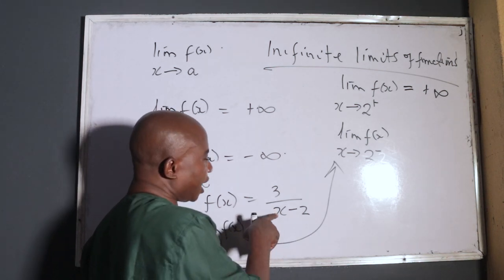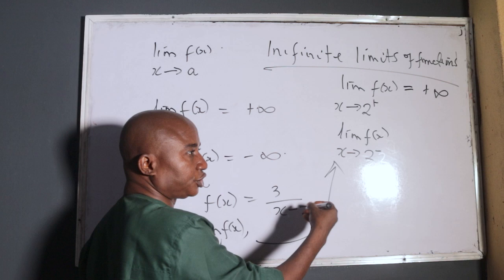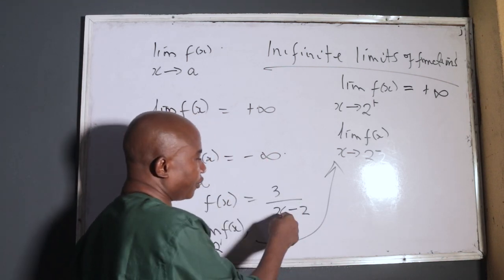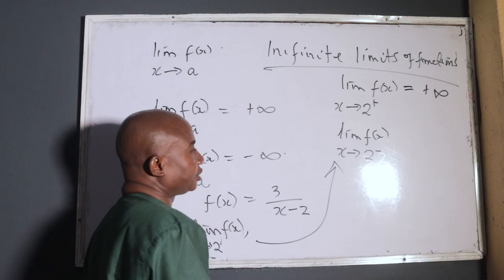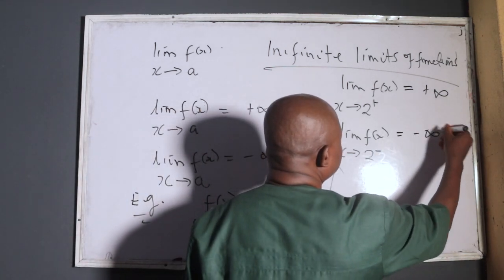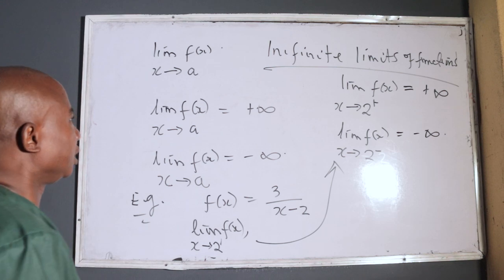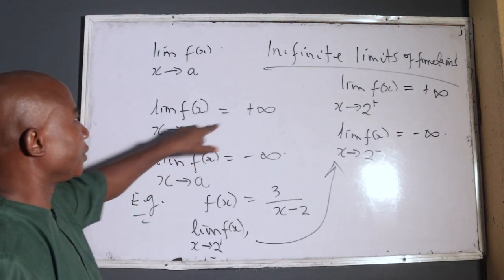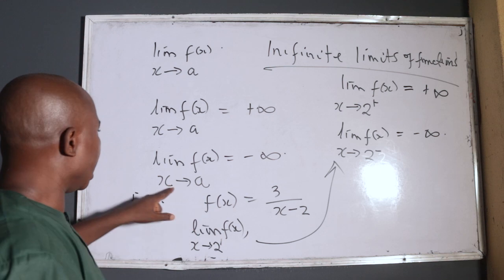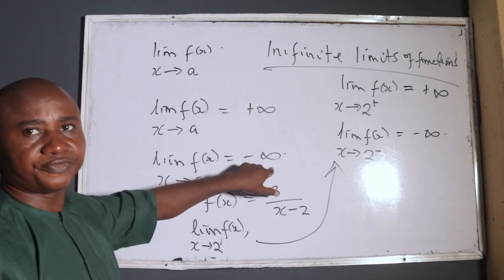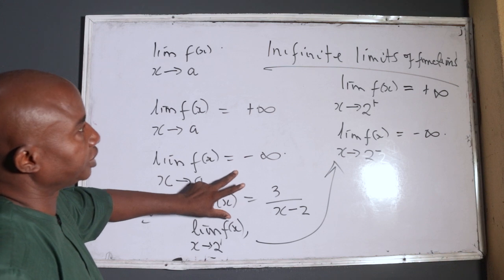Therefore, x minus 2 will approach 0 from the negative direction, and that gives us that 3 over x minus 2 is going to negative infinity. So I can write this. This is a case where the limit of a function as x approaches a fixed number is positive infinity from one side, and negative infinity from the other. So this is one possibility.